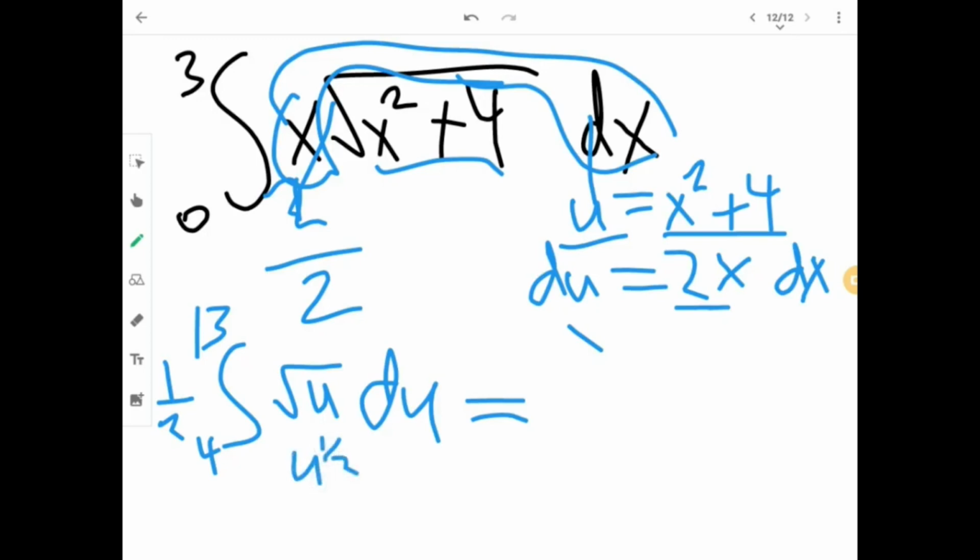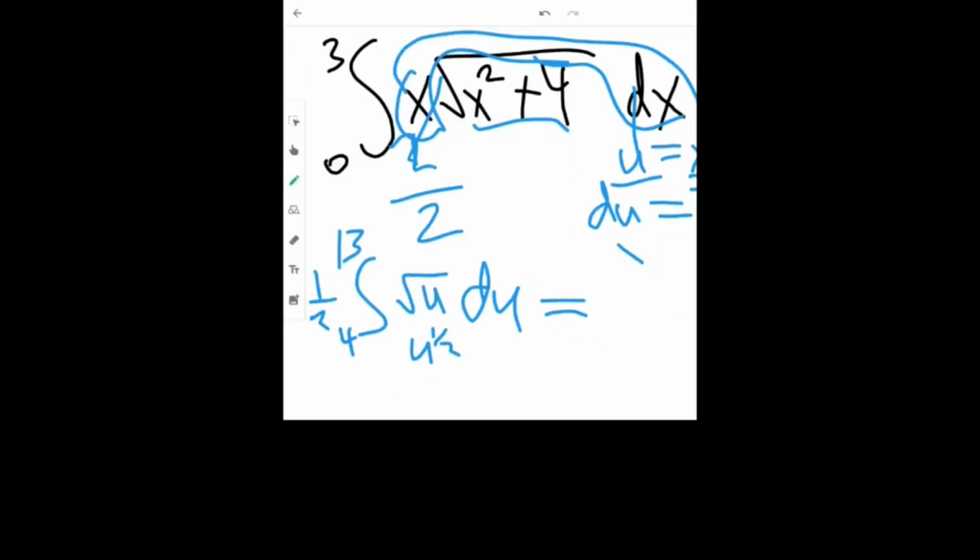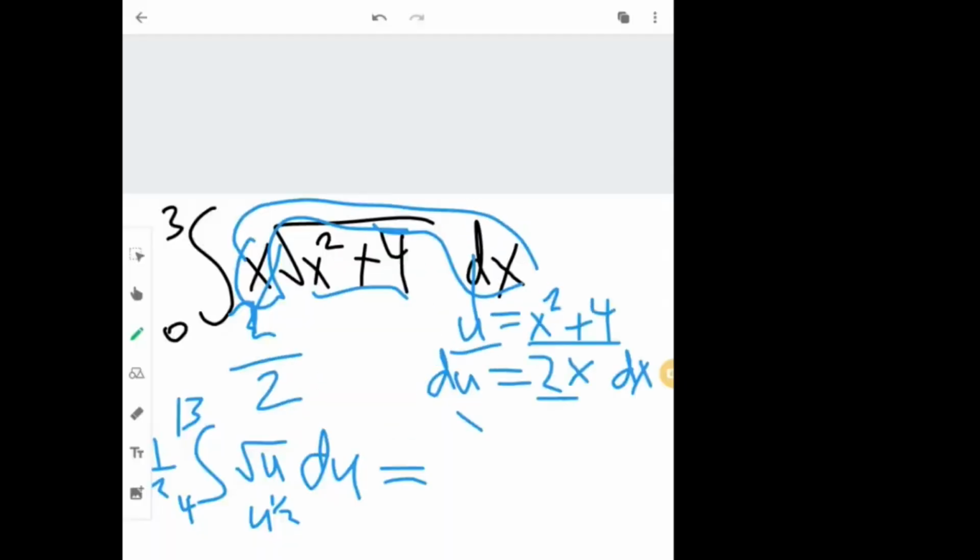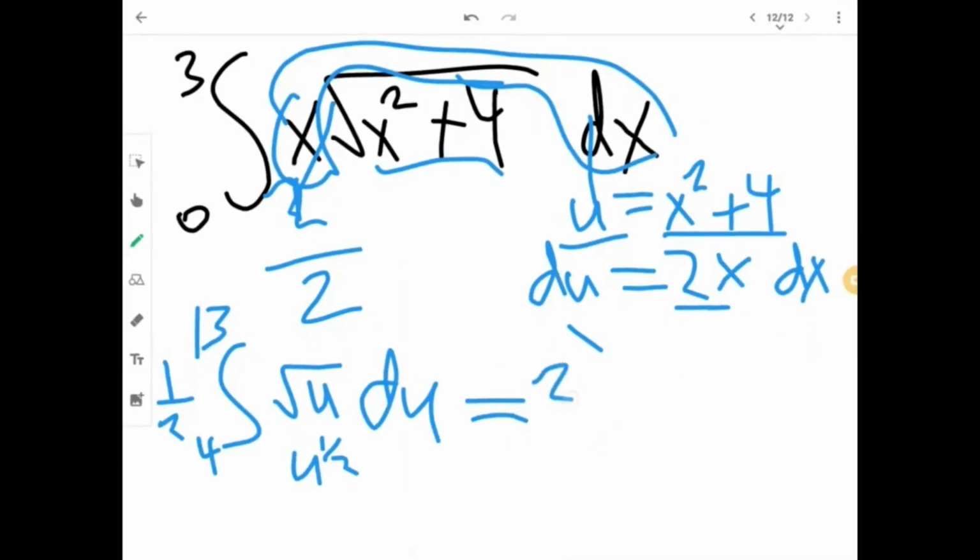Now, integral, you just add 1. So, half plus 1 is 3 over 2. And then you divide by the new power you got. So, 3 over 2 becomes multiplied by 2 over 3. So, 2 over 3 times u power 3 over 2, and then the bounds, 13 over 4.